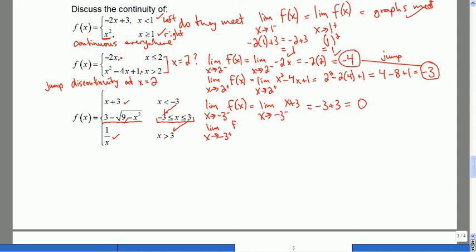So it would be 3 minus the square root of 9 minus x squared. So that'll be 3 minus the square root of 9 minus 3 squared. So that's going to be 3. This one here is 0. So there must be a jump discontinuity there because they don't meet.